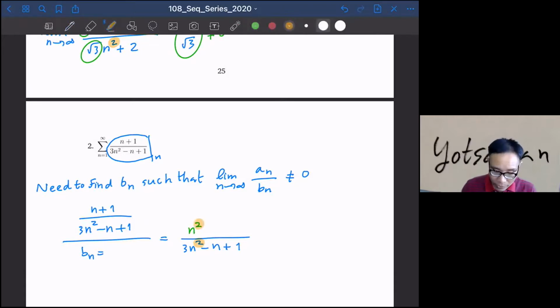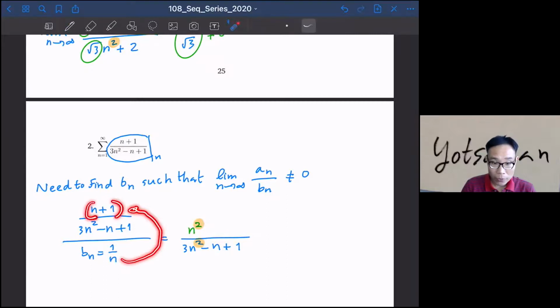In this case, Bn equals 1 over n. Why did I choose 1 over n? Because if you flip this one up, it multiplies with n plus 1, so you get n squared plus n.